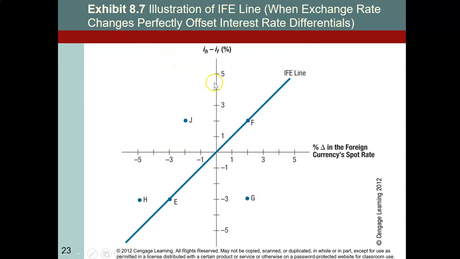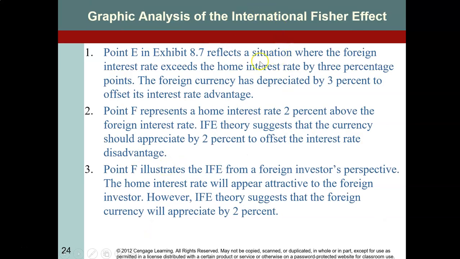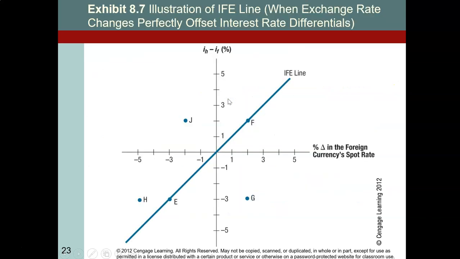Point E here is on the line, and it shows -3 for both x and y, meaning a situation where the foreign interest rate exceeds the home interest rate by 3%. The foreign currency has depreciated by 3% to offset its interest rate advantage.